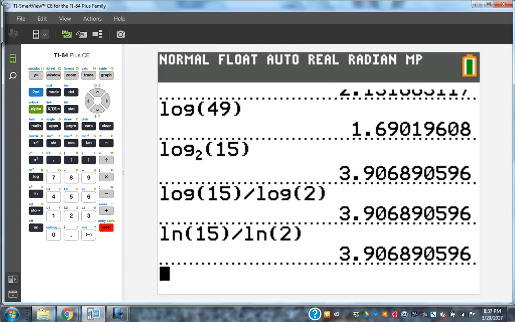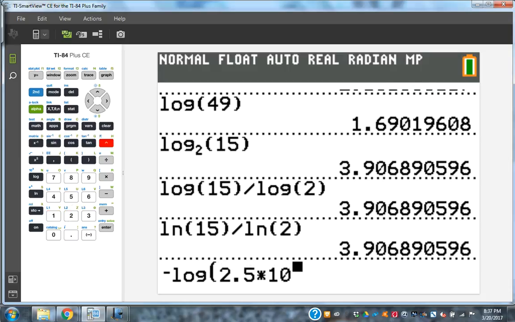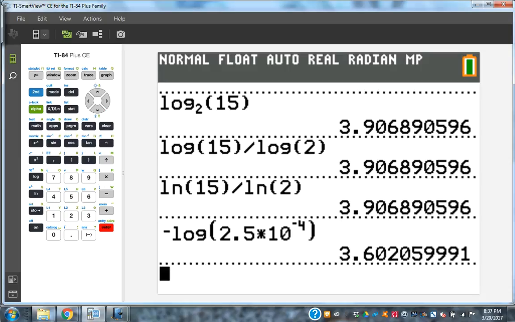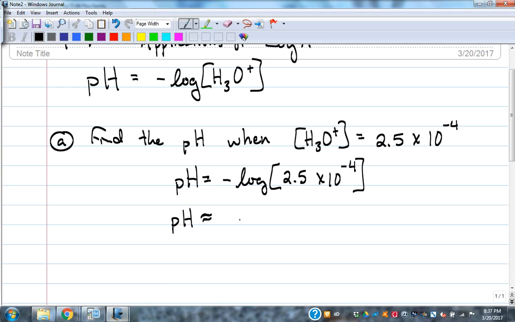So I'm doing negative log of 2.5 times 10 to the negative 4 power. Enter. 3.602059991. One decimal place would be significant in this.